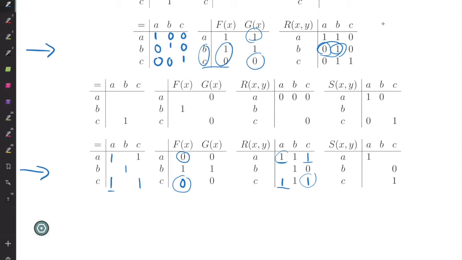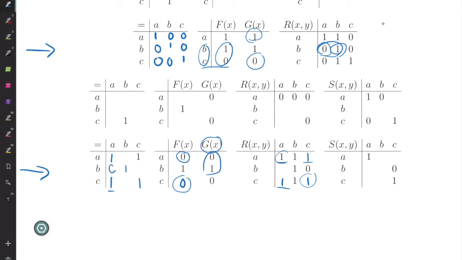Well, in fact, we could look back at this table, we could look at the G row, for example, to figure out if A is the same as B or if B is the same as C. Well, we have that B is not the same as A because they have different values for G. So B doesn't equal A, and let's see what else I can fill out from that.